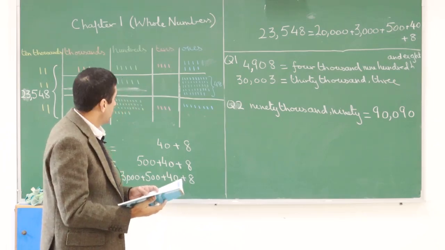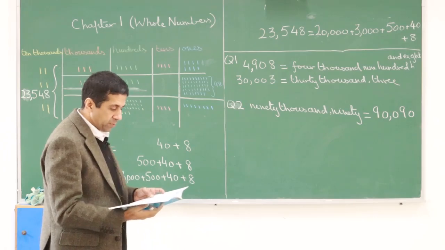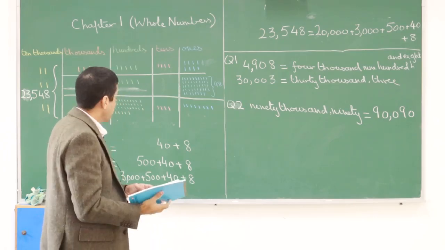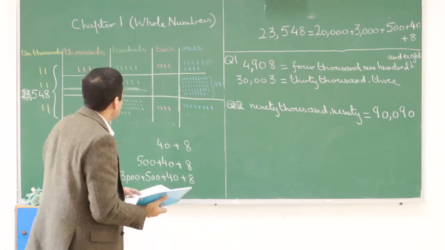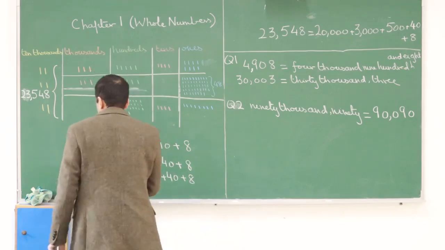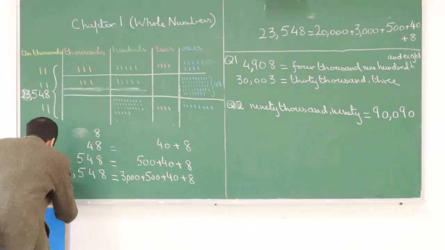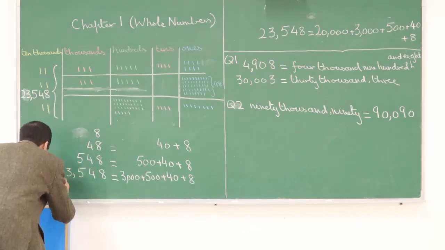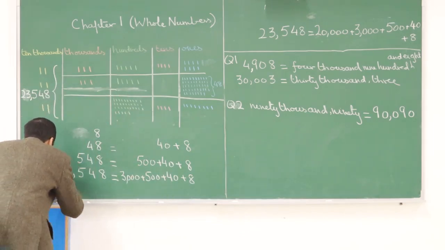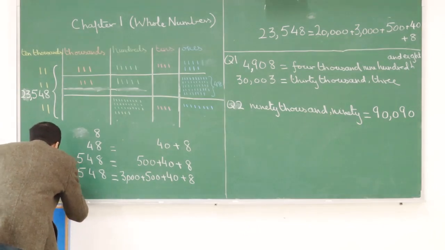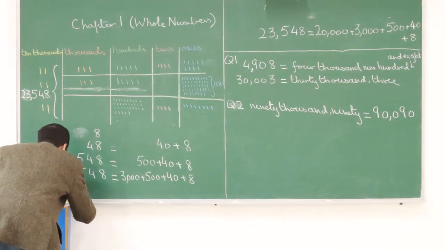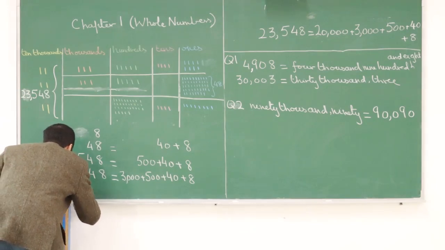Okay, so now this seems fairly easy and fairly boring. So let's move on to something which is a bit more exciting. Let me write here 23,500.